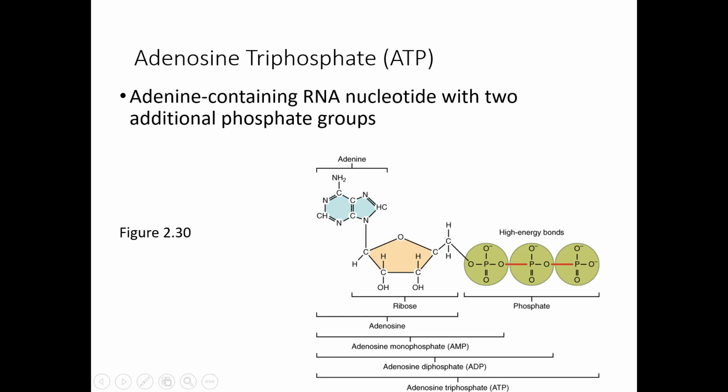So how does it work? When our cell needs to use energy, one of those 3 phosphate groups in ATP breaks away, and that breaking away and breaking of the chemical bond right here releases energy. That energy is used by the cell to carry its daily activities.